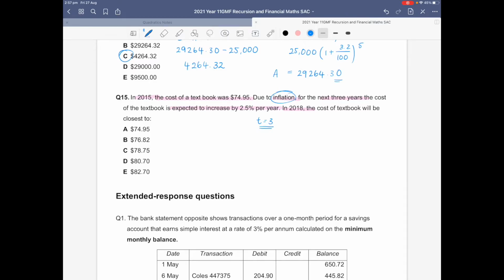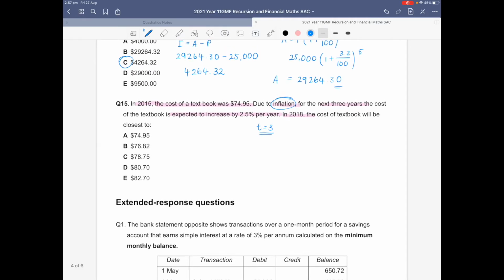With an inflation question, we're looking at using the same equation as the compound interest formula. So in this case here, my principal is $74.95. My interest rate is that, and then T is obviously 3 in this case. So that's 2018 minus 2015.